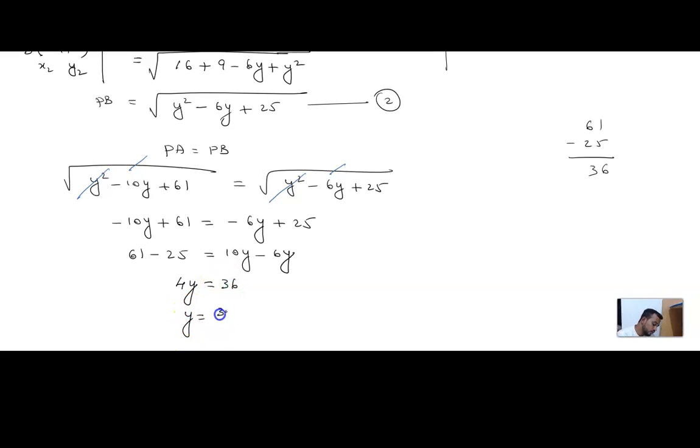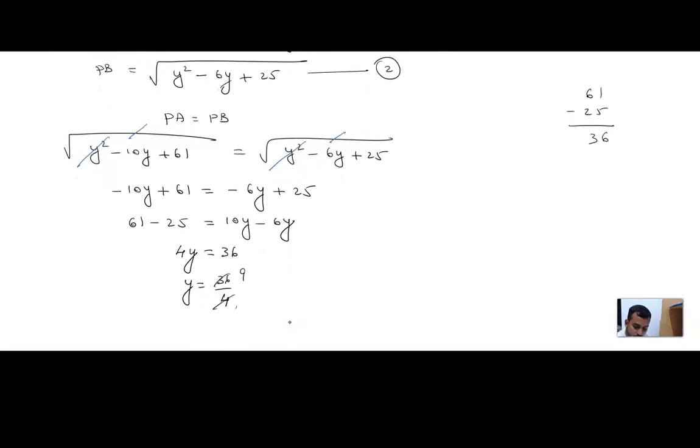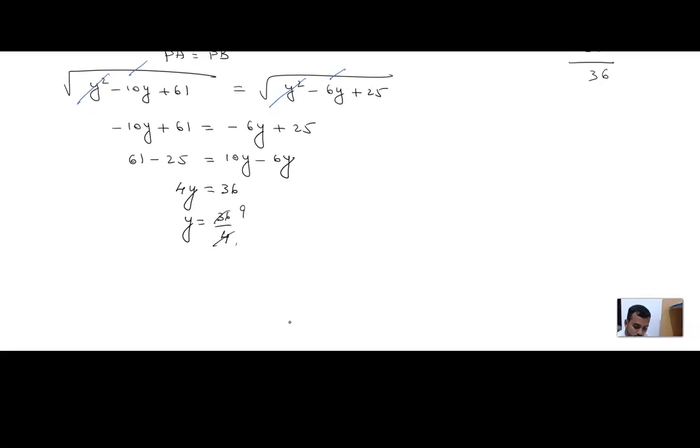So y is equal to 36 by 4. 4 9s are 36. Got it? Understood? Yeah. So therefore the value of y is 9.